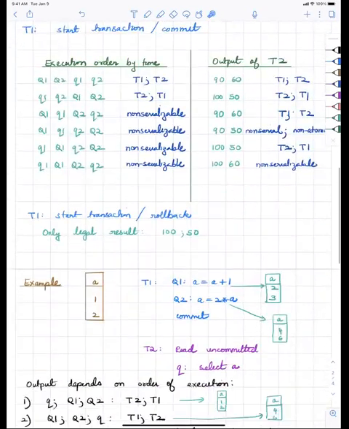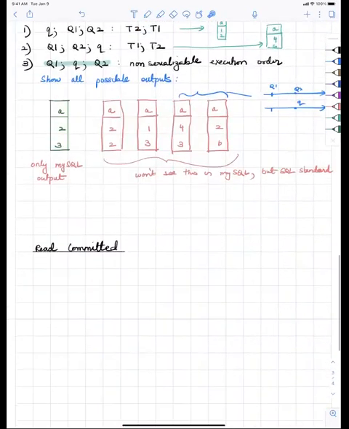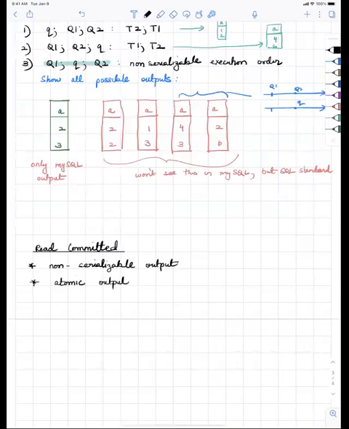For read committed, you can get non-serializable outputs, but you only get atomic outputs. You will not get the non-atomic outputs.